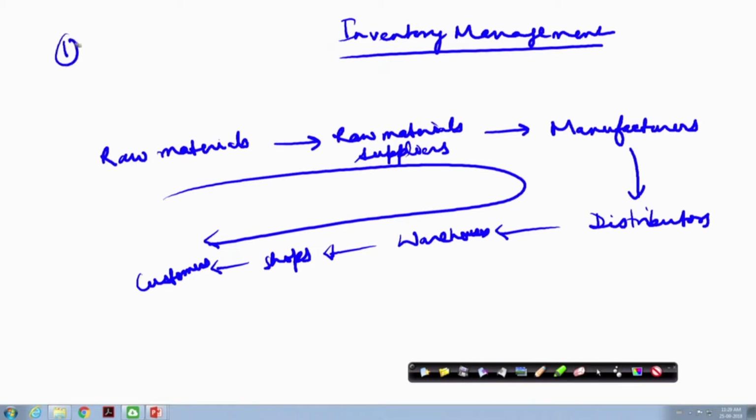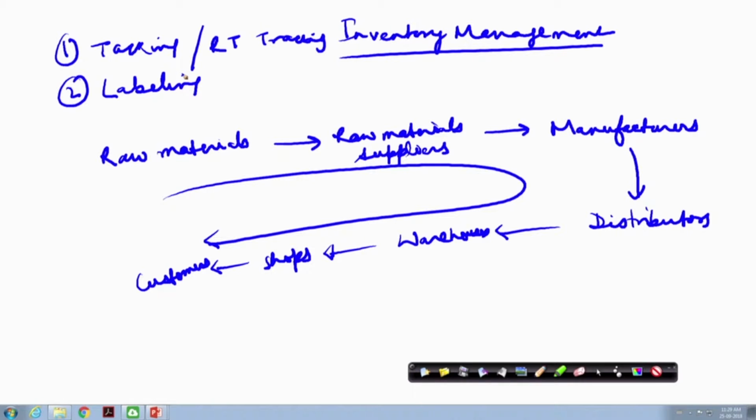Number one is tracking, and ideally it should be real time tracking. That would be a good feature. Labeling of the raw materials and the manufactured goods is also important.